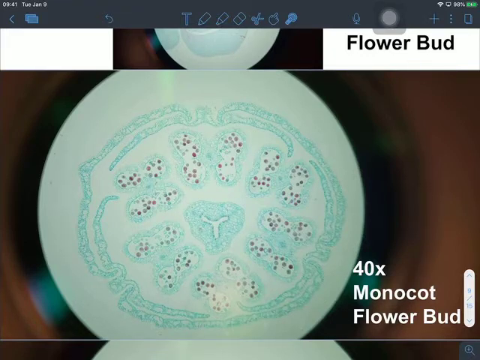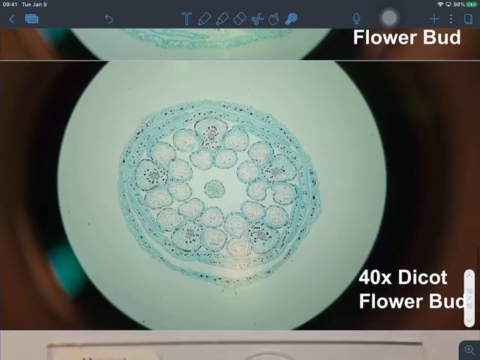So these are our monocots in parts of 3. Looking at our dicots, we see that they grow things in parts of 4s and 5s. 1, 2, 3, 4, 5. 5 sets of anthers that are each going to be grown on their own filaments.